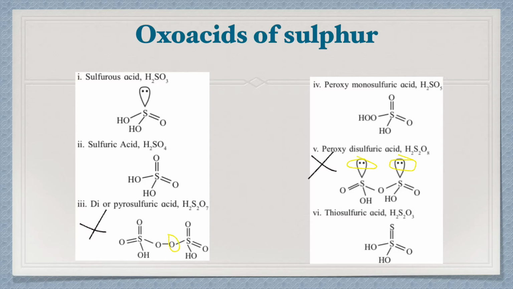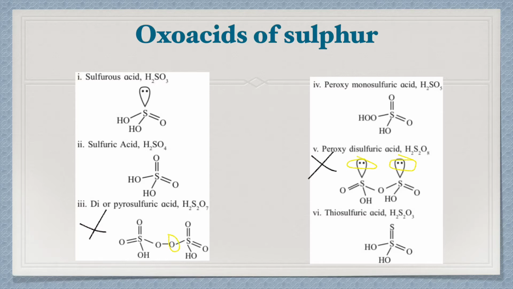Next one is di or pyrosulfuric acid. Over there you can see the formula is H2S2O7. Now, 2 hydrogen means there will be 2 hydroxyl groups. That is right, OH is right over here. Next, there are 2 S, so I am going to put 2 S and attach 1 OH to each one.